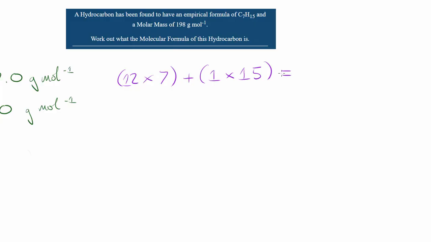If you do have a go and work that out, what you should find is that you get 99. So the MR of C₇H₁₅ is 99 grams per mole.